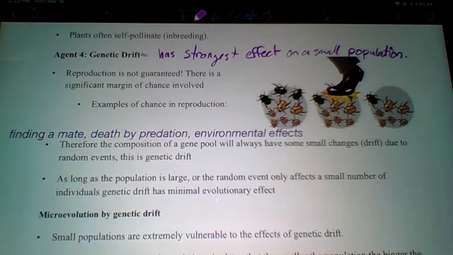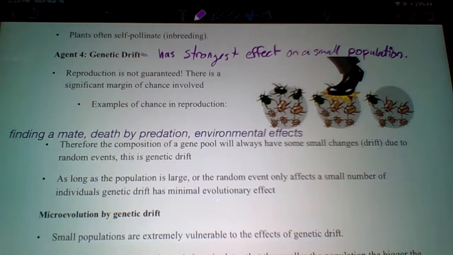Even if they lost 10 individuals, that might be a huge impact on that small population. And those 10 individuals out of 1,000 compared to 10 rabbits out of a million rabbits, you are looking at very much greater impact.